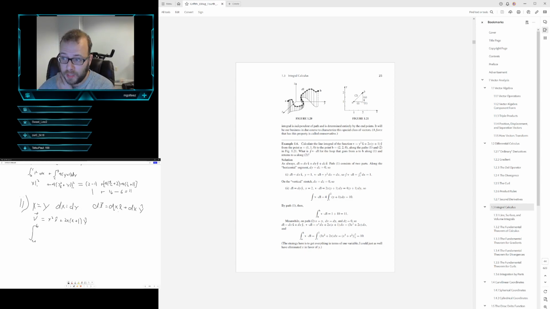And we have dl dot v. The x hat component is going to be x squared dx, plus that's going to be 2x squared plus 2x dx.